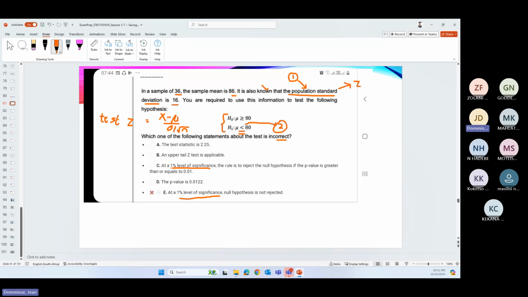At a 1% level, we will need to look at the p-value. The p-value is linked to the test statistic. And at 1% level, null hypothesis. So again, we will need to look, if we have that, what's the critical value? Okay, so for me, option B is the first one that I will look at because there's nothing I need to work out. So would you say that's correct or incorrect?